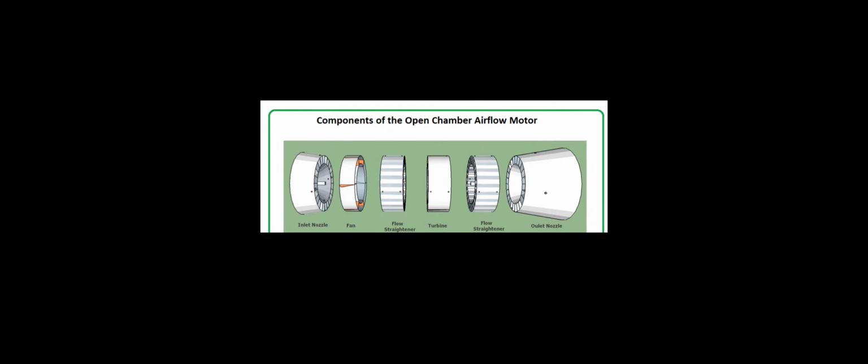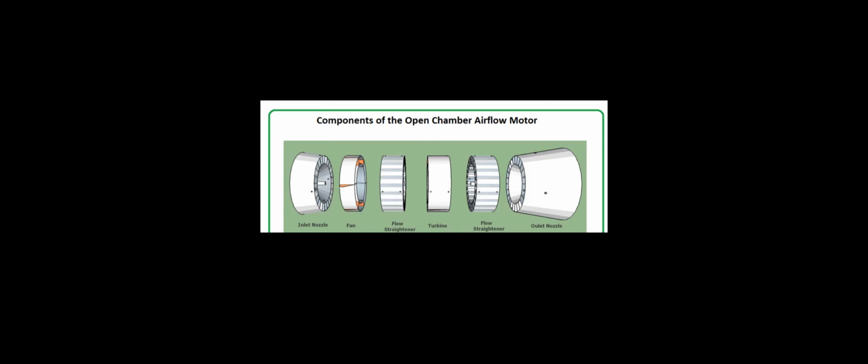The main components of what we call the open chamber airflow motor are the following modules. First of all, we usually have an inlet nozzle whose purpose is to increase the velocity of the entering airflow.